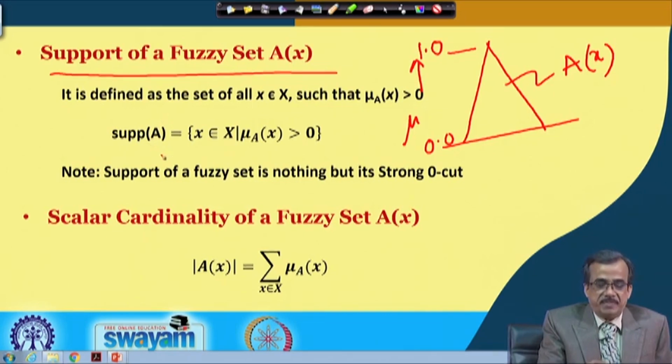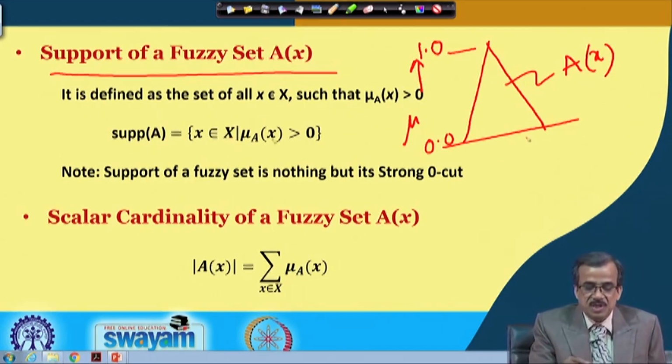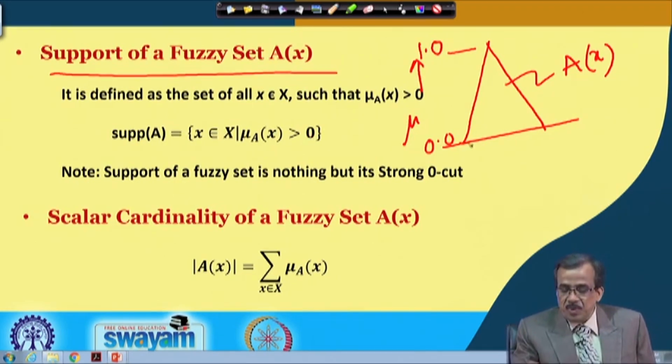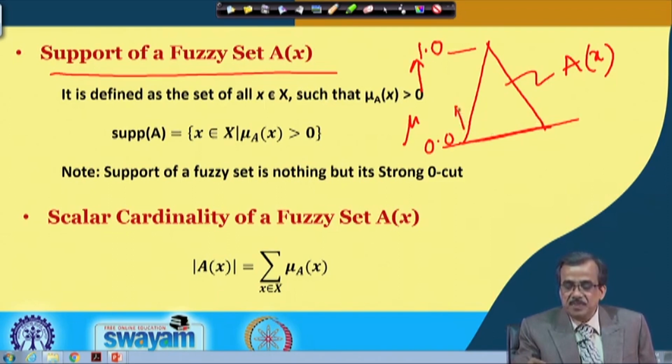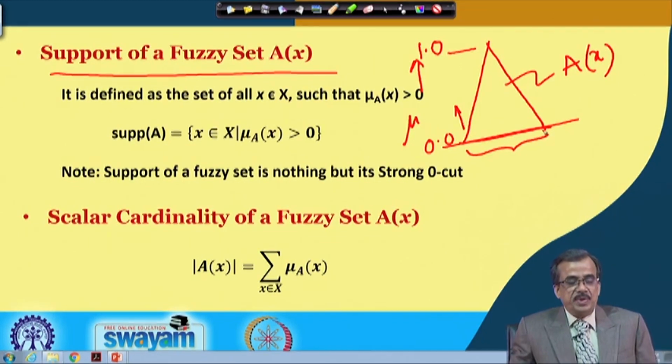The support of a fuzzy set A(x) is x belonging to capital X, the universe of discourse, such that mu A(x) is greater than 0. Corresponding to this, mu is equal to 0.0, and if I consider mu greater than 0, I am indicating the limiting values for this particular x.